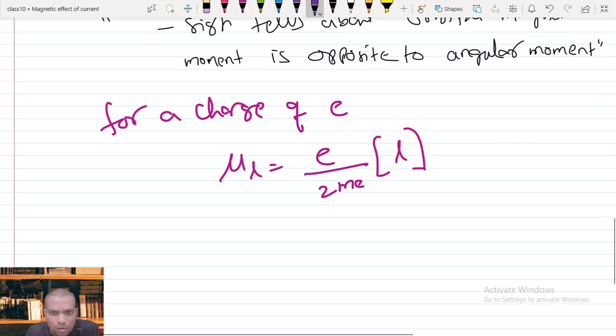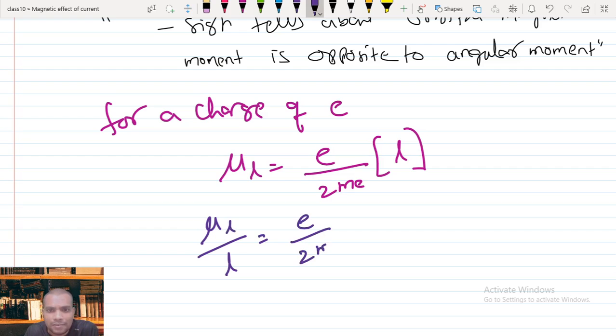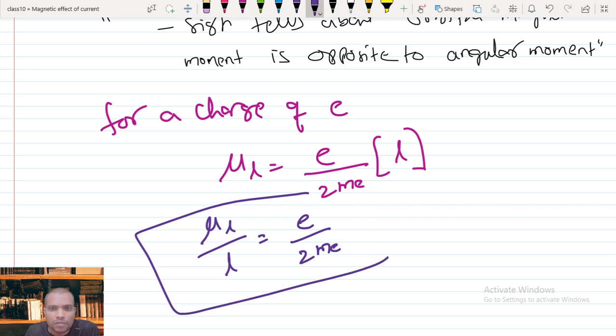The orbital magnetic moment and angular momentum are both constants, because mvr remains constant for an electron. If you take the ratio mu L upon L, the ratio of the magnetic moment of a revolving electron to its angular momentum, it gives straight away the ratio e upon 2me.